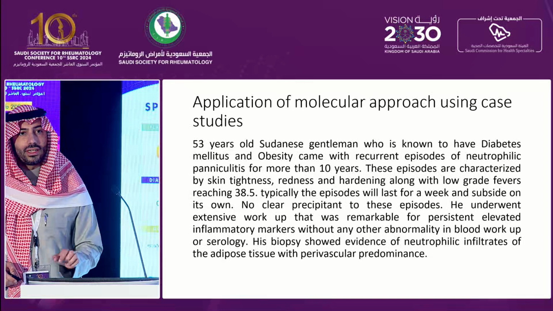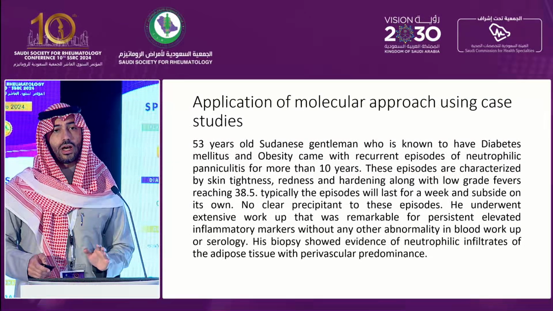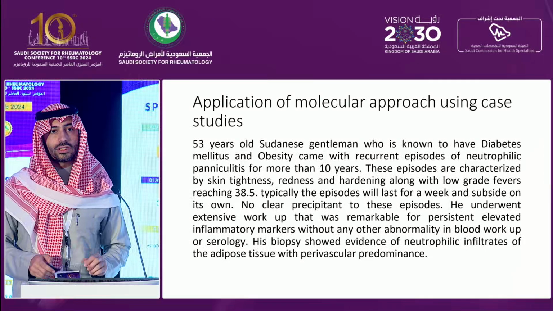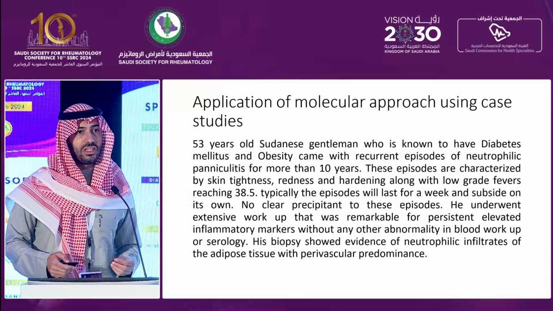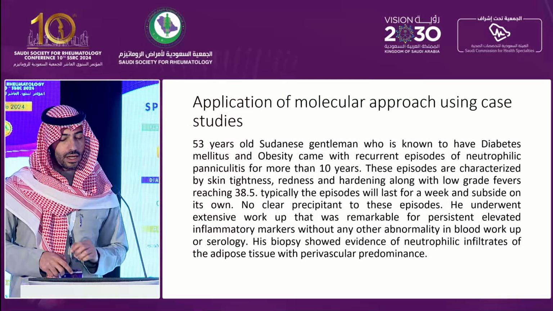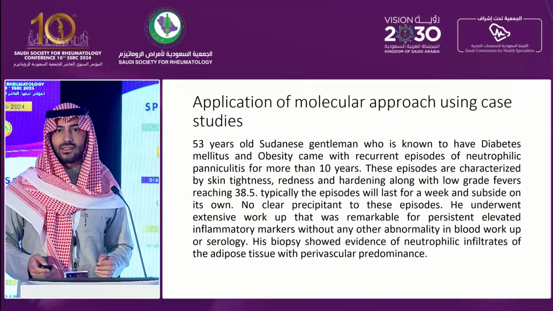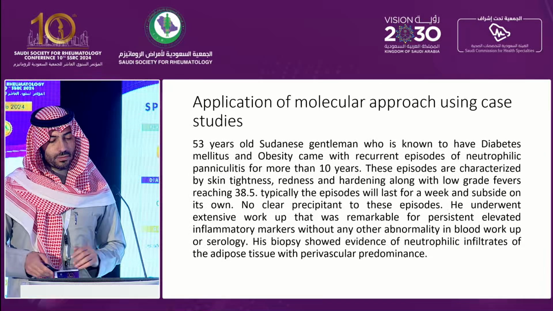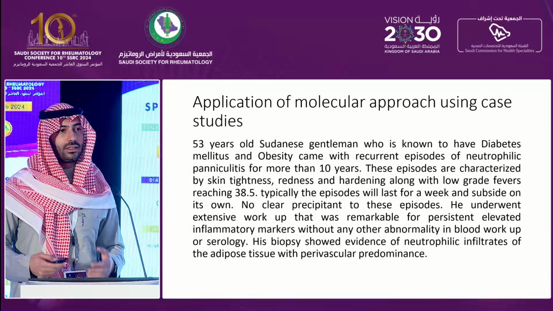This is a very interesting case. This patient visited 4 rheumatologists. They are excellent rheumatologists. He is a 53-year-old, lovely gentleman, who works in one of the big companies in Riyadh. He's originally from Sudan, has a little bit of obesity, and he's diabetic. He has more than 10 years of history of what sounds like panniculitis.